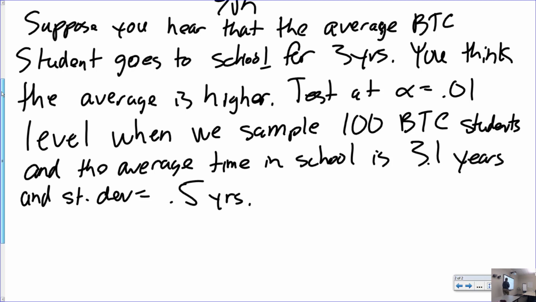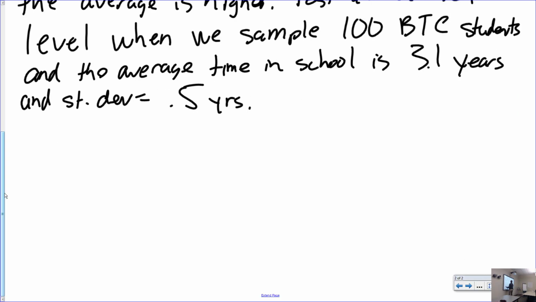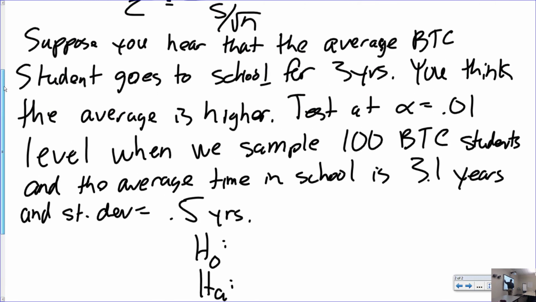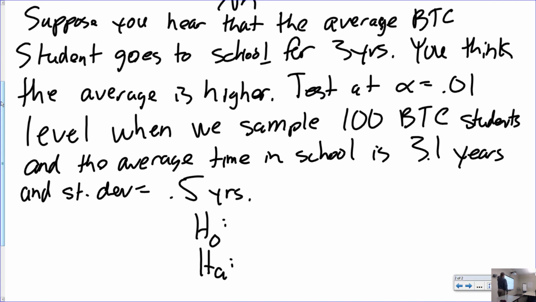All right, so what's the first thing that we do when we're testing things? Ho and Ha. So what is our null hypothesis and our alternative hypothesis? Now, what am I specifically trying to test, though? Less than or equal to 3. Because what am I testing? What do I want to believe is true? Yeah, I want it to be more than 3 years, okay?